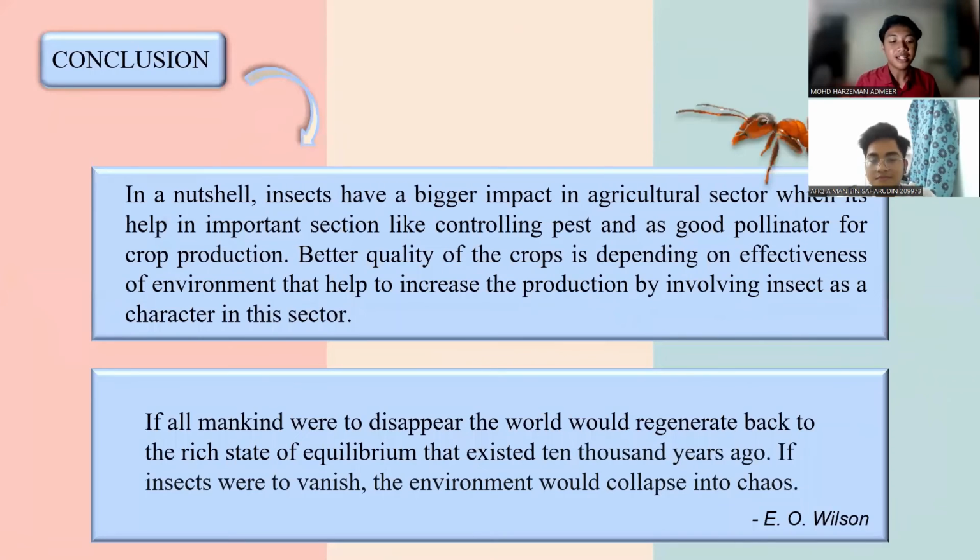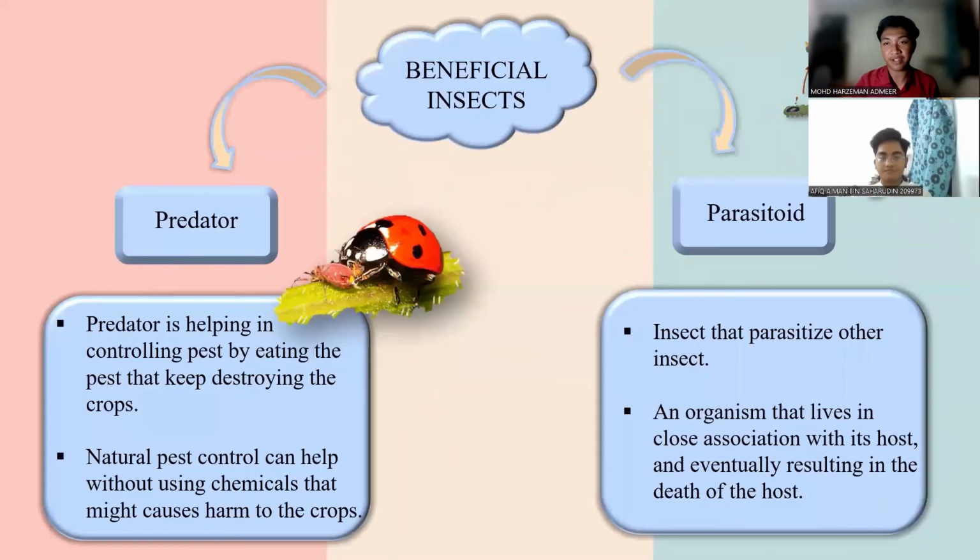All right, turning to the last part of the presentation, let me go over the key points. Previously, Aiman already said that beneficial insects like predators help control pests by eating the pests that keep destroying the crops. Other than that, parasitoids inject their parasite into the host, eventually resulting in the death of the host.